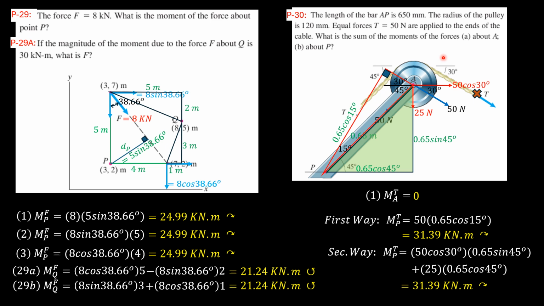So the original figure is this. We have two tensions of 50 newtons on this side and on the other side 50 newtons.